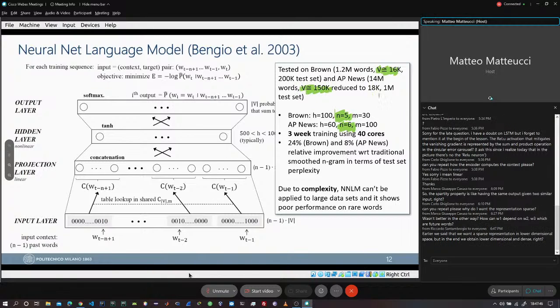So basically they started with 1.2 million words, 14 million words, but they couldn't scale too much. Still, way bigger than any result at that time, but basically it was so-so.